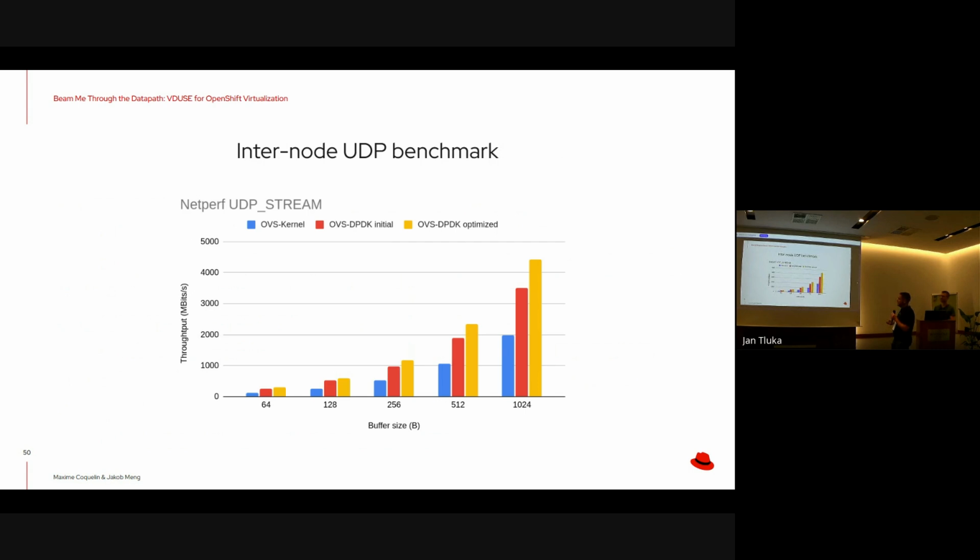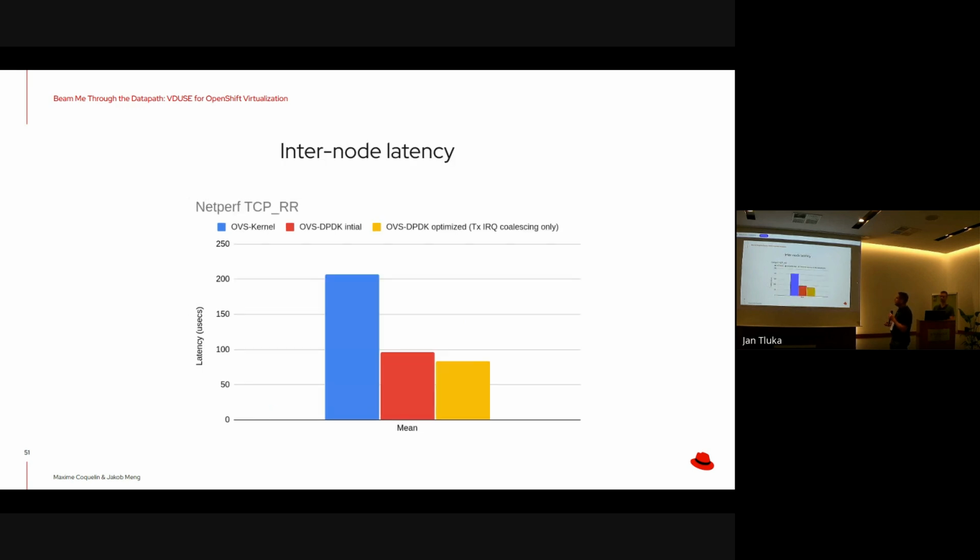If we look at the UDP benchmarks, before the optimization I mentioned earlier, we were already better, and with the optimization we are twice better than the kernel datapath. Latency using TCP, the netperf TCP request-response test, we see that the mean latency is twice better for the optimized DPDK datapath.